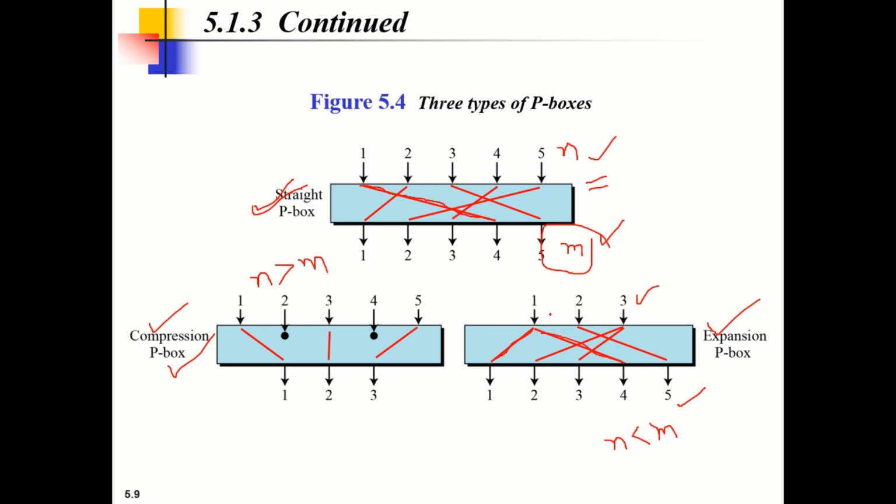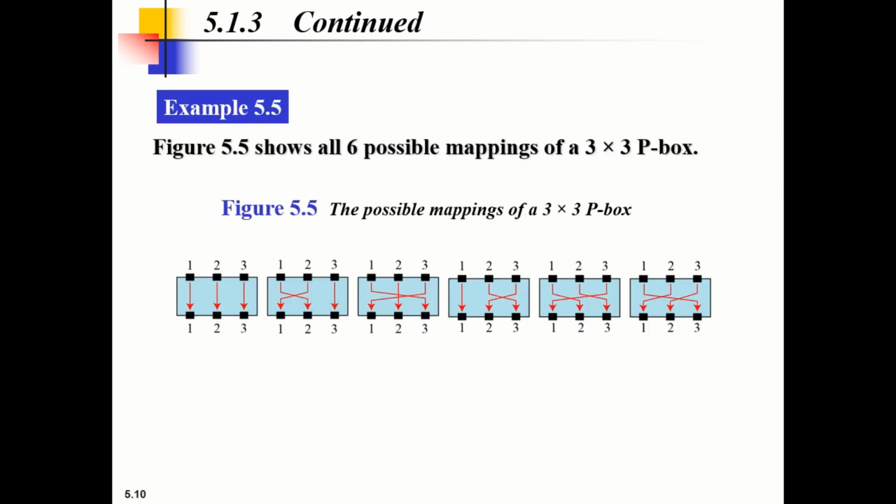So here you can see this 1 is giving output as 1 and 4, this 2 is giving output as 5, and 3 is giving output as 2 or 3. So these are permutations, right? These are the three types of P boxes which we have.